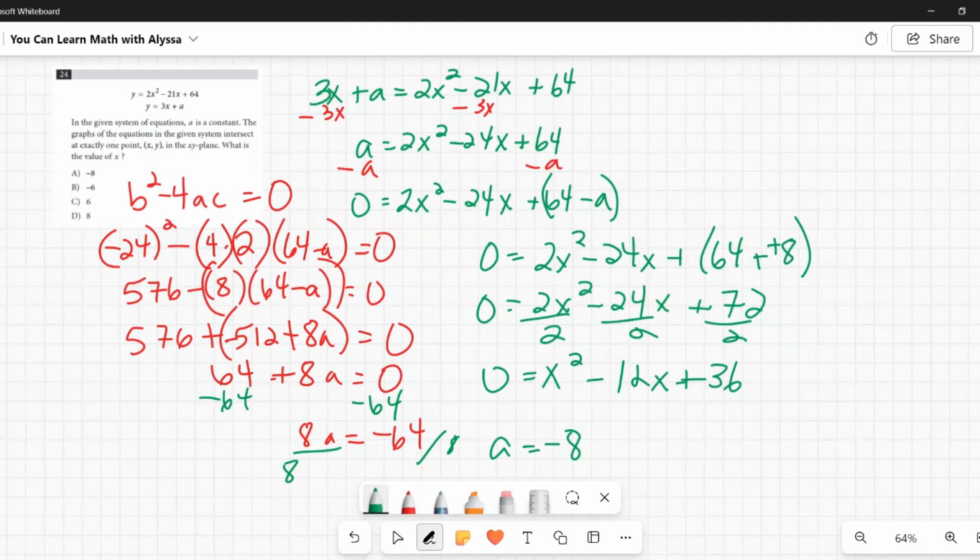This is a perfect square. So 0 is equal to x minus 6 squared. So you can take the square root of both sides, and that gives you 0 is equal to x minus 6. So x is equal to 6. And there's my answer. That is C, 6.